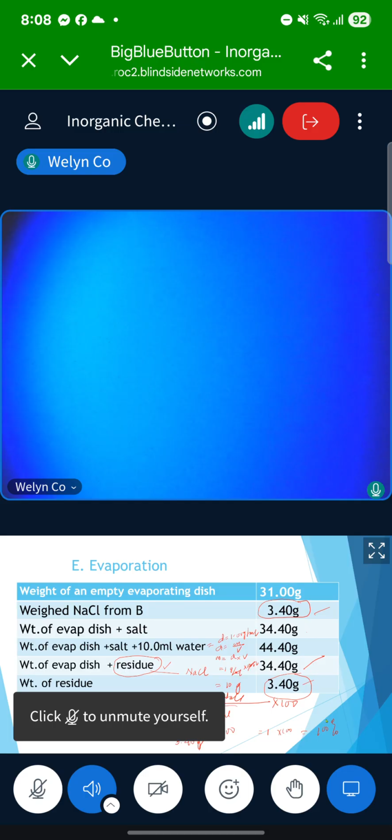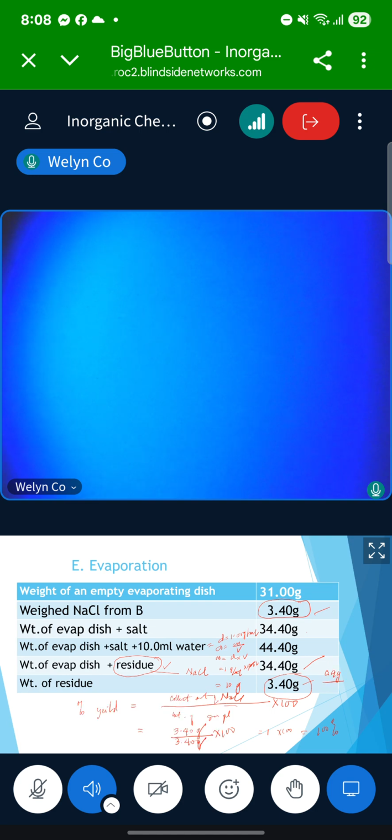So pag yan ay in your computation last time, you only recovered 0.9 gram, divided by your 2 grams, multiplied by 100. Kung sa ano to, if that would be in a factory at ganun ang recovery mo, ay talong-talo, luging-lugi ang kumpanya.